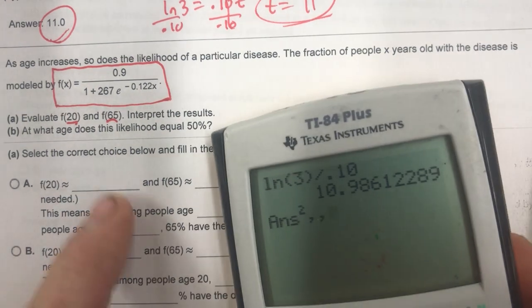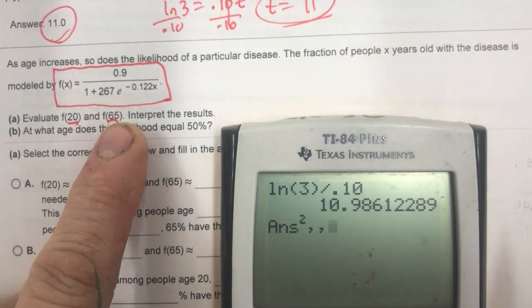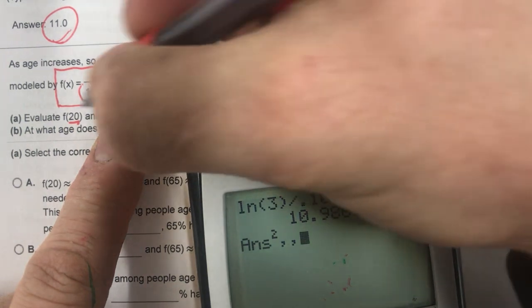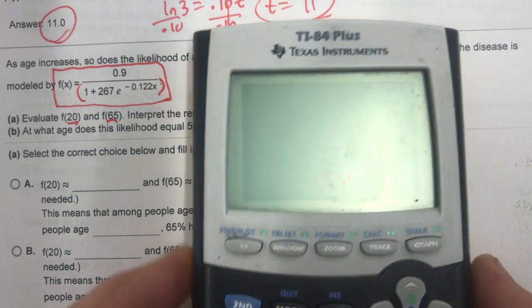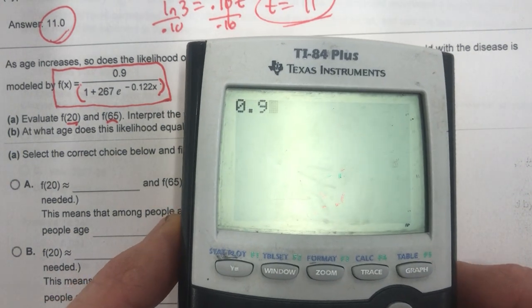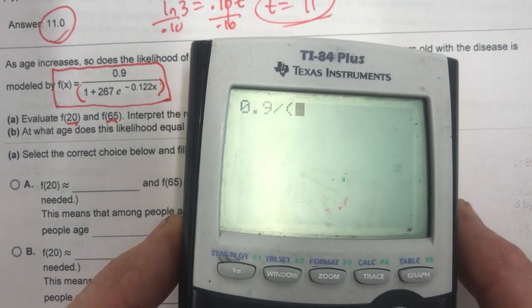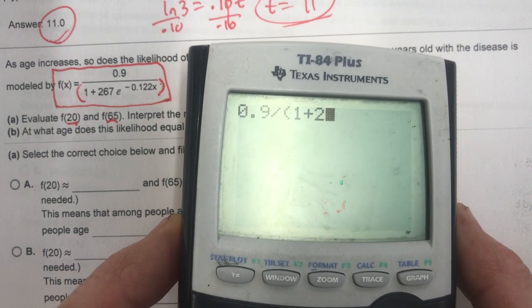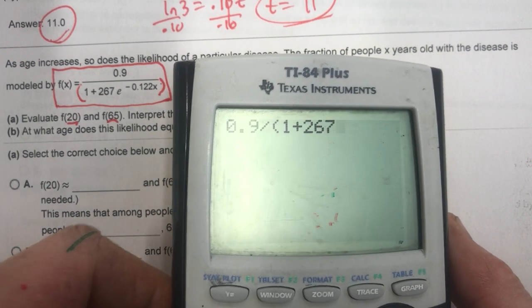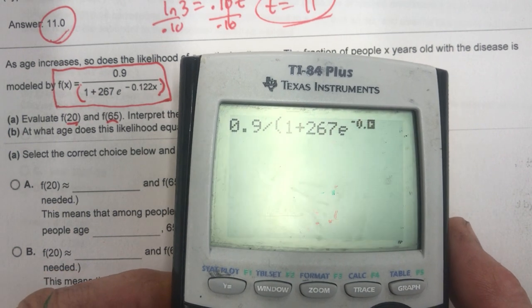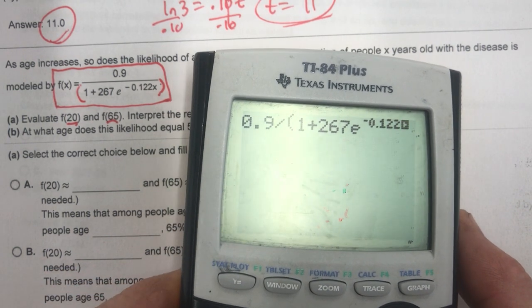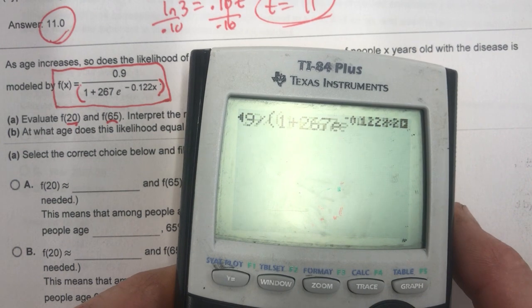So basically, I'm just going to put this 20 in there. Now when I do this, all this will have to be in the bottom. It'll have to be in parentheses. Okay, so when I type this in, I got 0.9 divided by, and I'm going to have to have parentheses there. So 1 plus 267 e to the negative 0.122, and I'm putting in 20, so times 20.